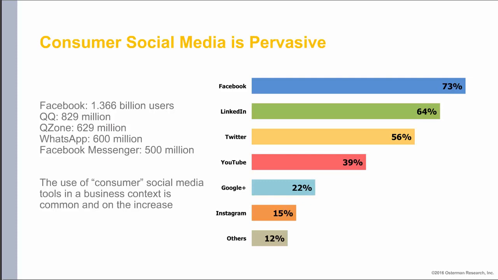And they're finding tremendous utility in these. Being able to talk about a brand, have more control over the message than you might necessarily get even with a website. So there are lots of advantages to the use of social media personally, but increasingly in a business context. And that's really what we're here to discuss today.